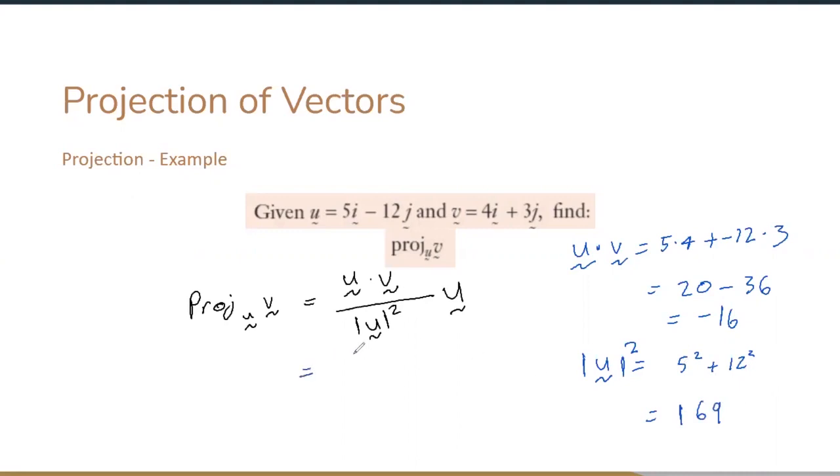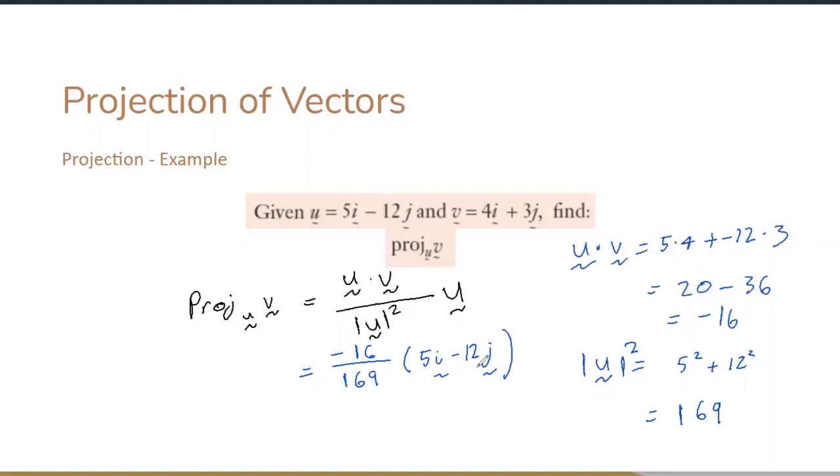So what we're going to get is negative 16 all over 169 times u, where u is 5i minus 12j. Now, if you want, you can go through and expand out these brackets. I'm not going to because that's going to look a little bit messy, but if you want, you can, and you just have to put that into your calculator.